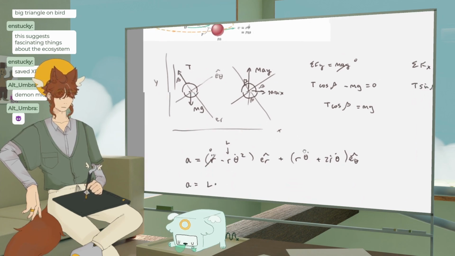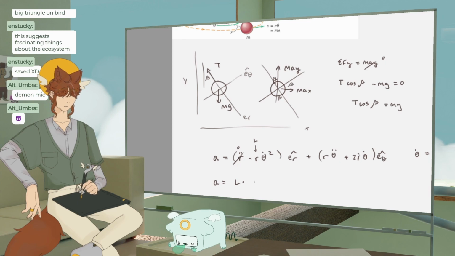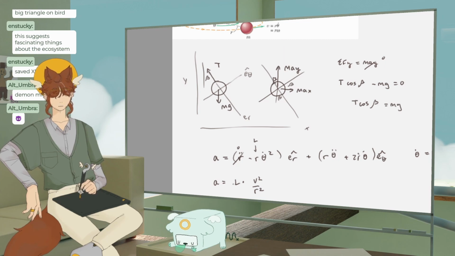So V over R equals theta dot, so V squared over R squared, and R is actually R, it's not L. Negative, times e_r, plus, so I guess I'll just have to do some cosines for those.